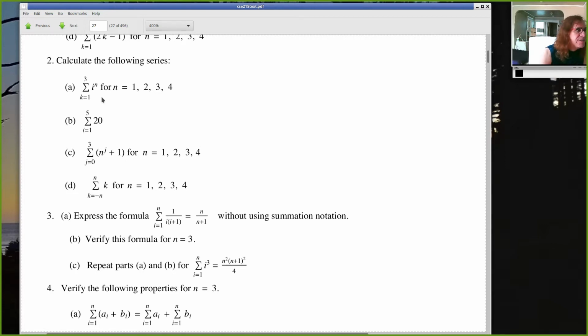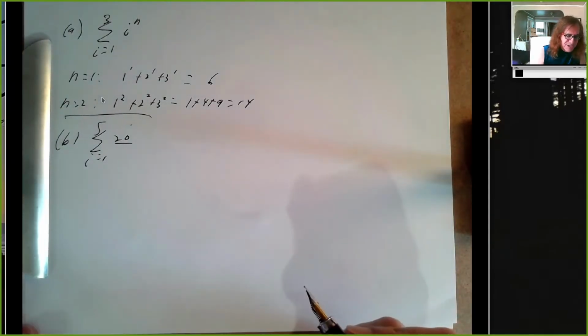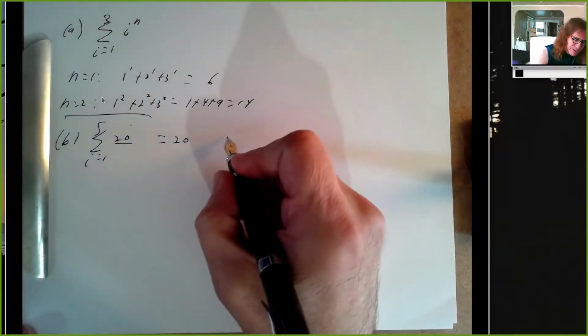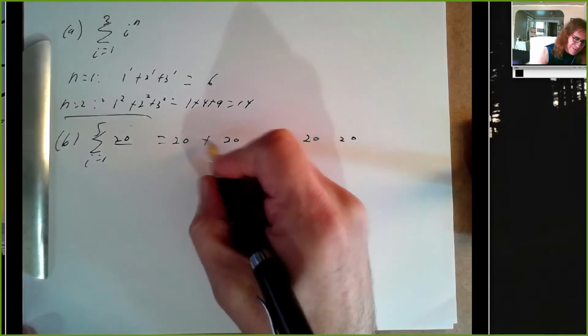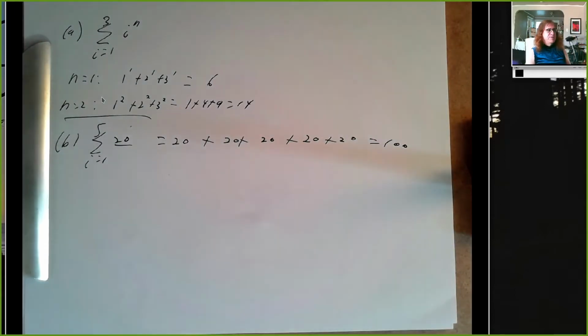Section B, sum from i equals 1 to 5 of 20. So this is saying take this expression evaluated for i equals 1 is 20. For i equals 2, this is 20. For 3, for 4, for 5, add them all together. So this is a funny way to write the number 100.